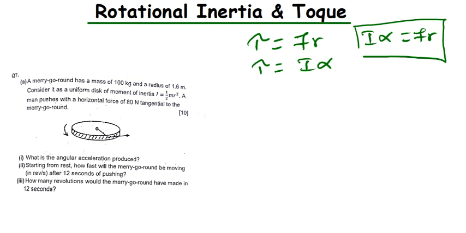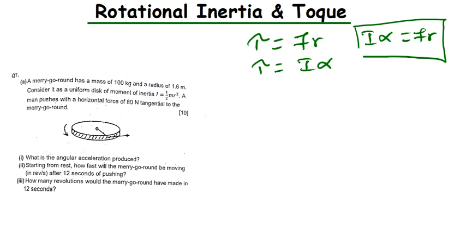Now, from the relationship which I've just come up with, torque is equal to force times r, and again torque is given by inertia times the angular acceleration, I can use that to find the angular acceleration.